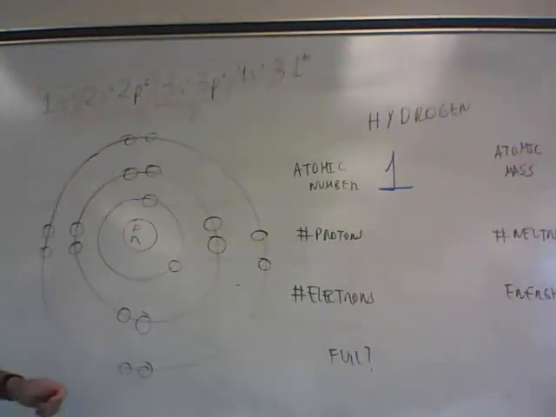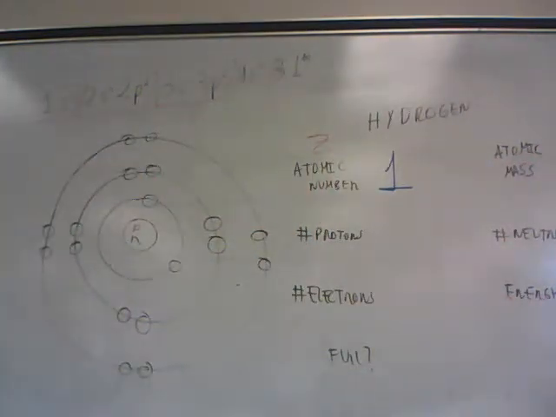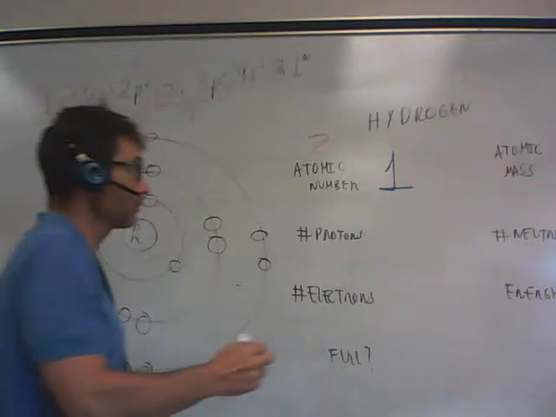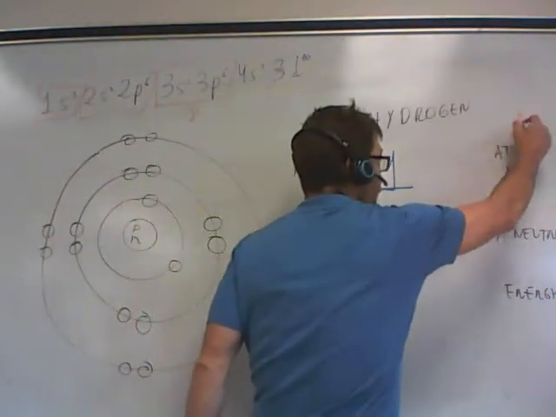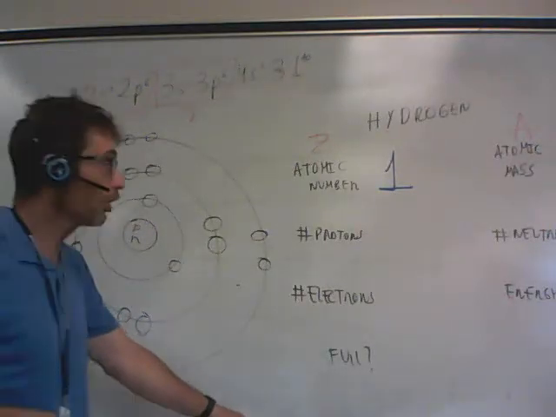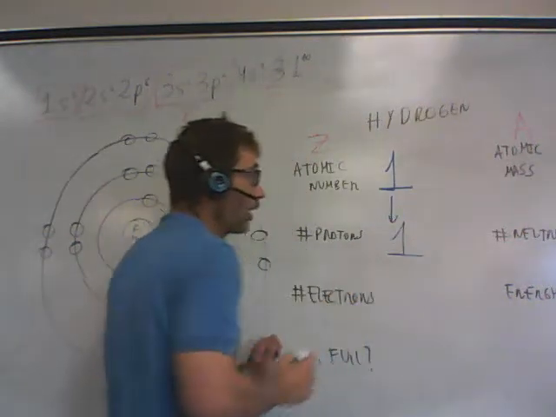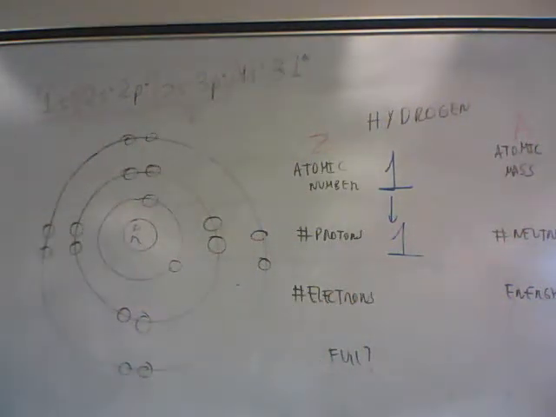The atomic number is also known as Z, and the atomic mass is known as A. So, the number of protons is always the same as the atomic number. It's always the same. So, you have to write this number here: 1. Okay?